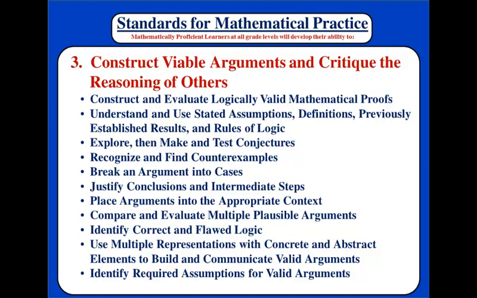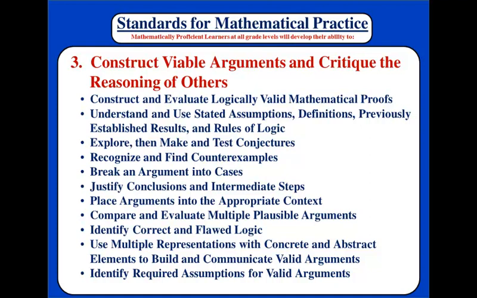We want to use multiple representations with concrete and abstract elements to build and communicate our valid arguments. So we want to illustrate our reasoning as well as we can with specific concrete examples and then more general abstract elements as well. And we need to identify what the required assumptions are for these valid arguments.